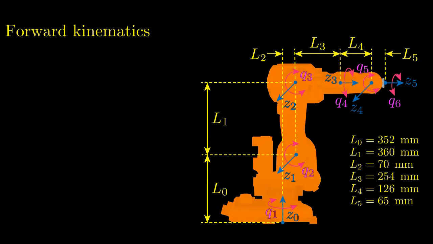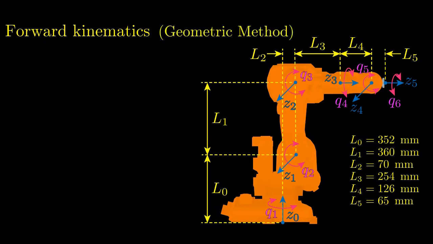Now, the missing X and Y axes of the previously mentioned origins are arbitrarily defined, instead of using the Denavit-Hartenberg convention, to complete the coordinate systems that are associated with the kinematics of this manipulator.